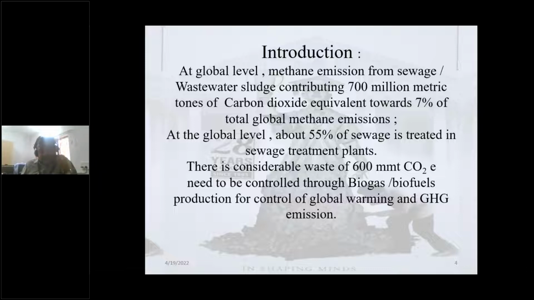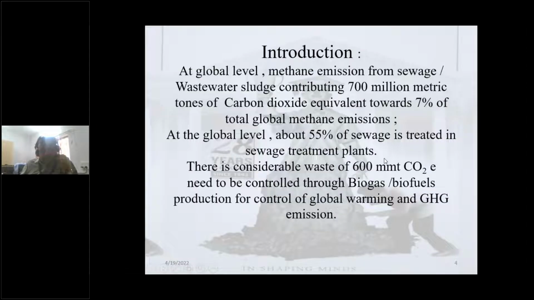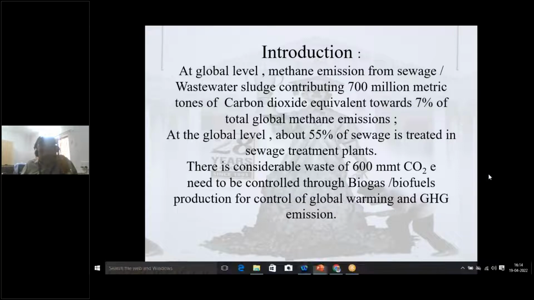There is a considerable waste of the 600 million metric tons of carbon dioxide equivalent that needs to be mitigated through the fuel power plants for the control of global warming and emissions.